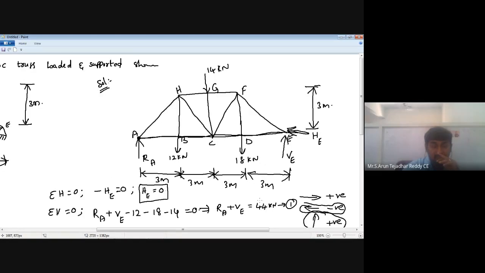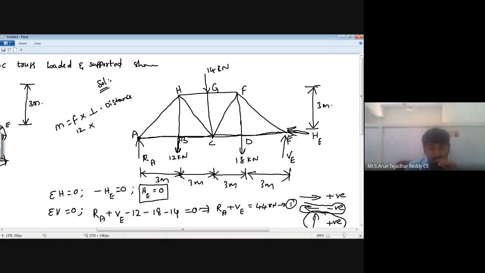First of all, I will consider the 12 kilonewton load. Here 12 kilonewton is acting downward from B to A. Write down the moment formula: moment is equal to force into perpendicular distance. Here 12 kilonewton is the force, and what about the perpendicular distance?